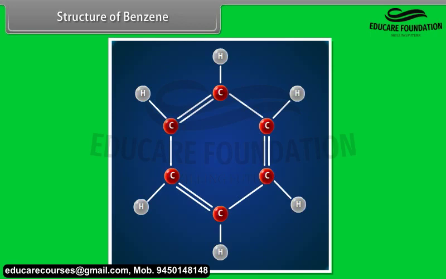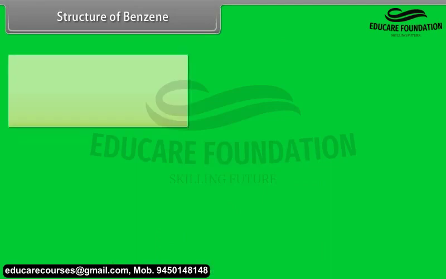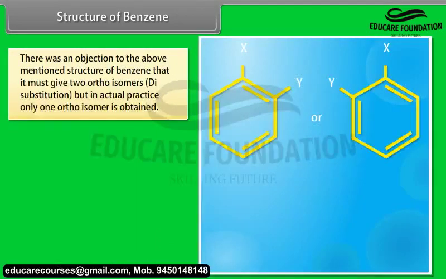There are 3 alternate double bonds between 2 C atoms to complete the 4th valency of carbon. There was an objection to this structure of benzene that it must give 2 ortho isomers in disubstitution, but in actual practice only one ortho isomer is obtained.